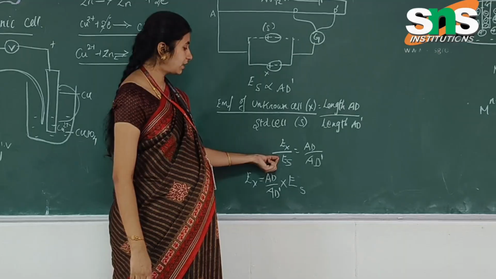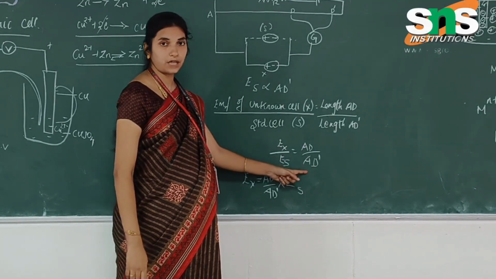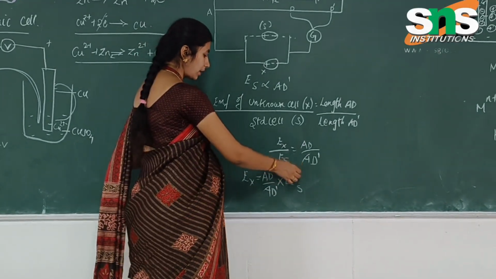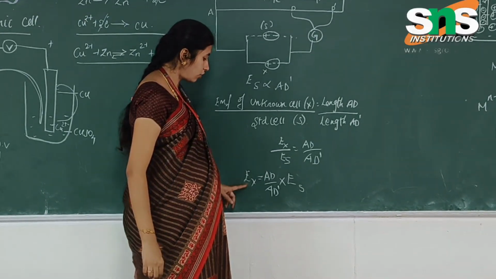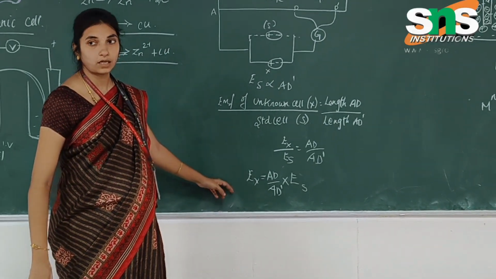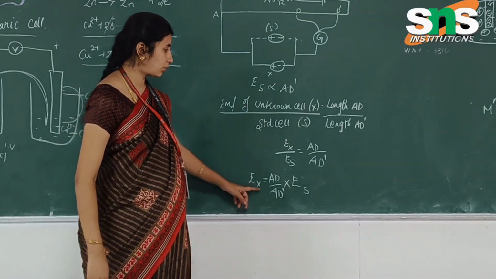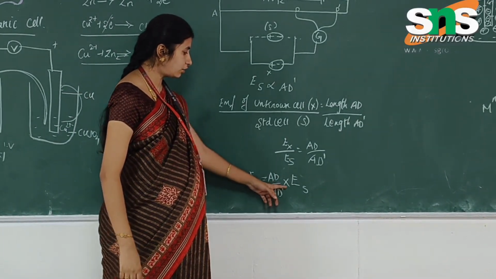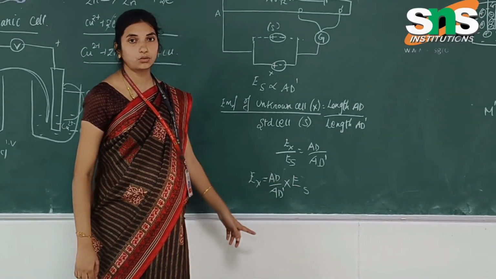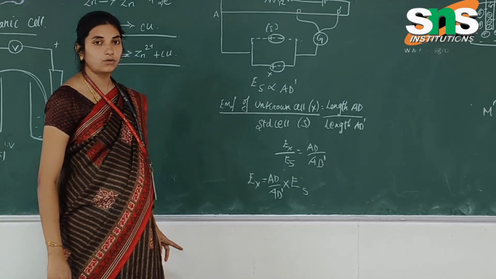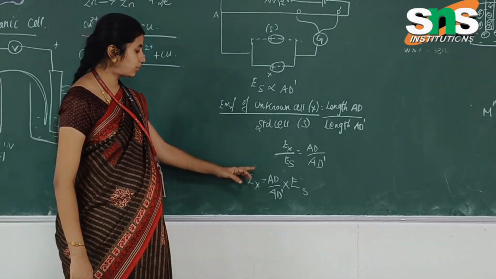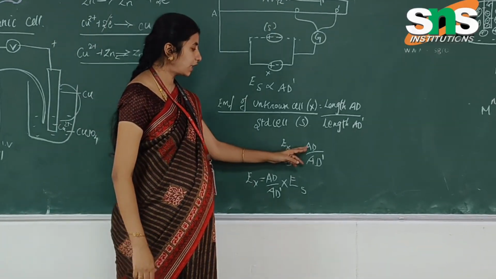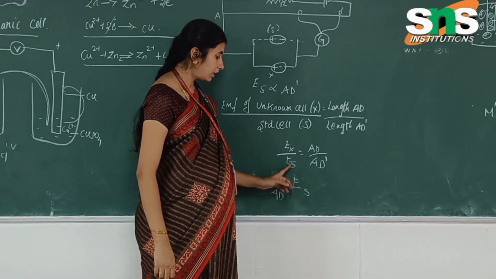So EX by ES equals AD dash by AD, and thus EX equals AD dash by AD into ES. We have to find the concentration of the unknown solution.